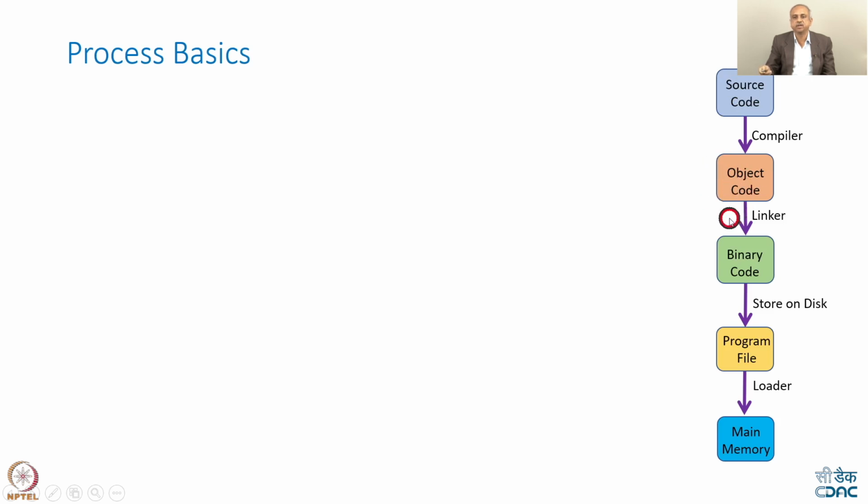This object code is linked by the linker, and finally you get a binary code like a.out. This is stored on the disk in the form of a program file. Finally, the loader is going to load it and put it in the main memory for execution. So, let us see the steps.